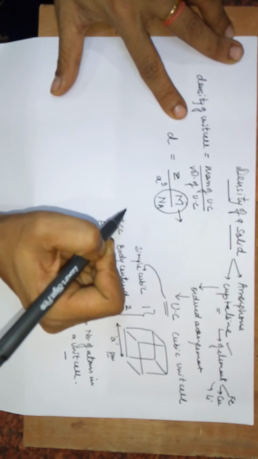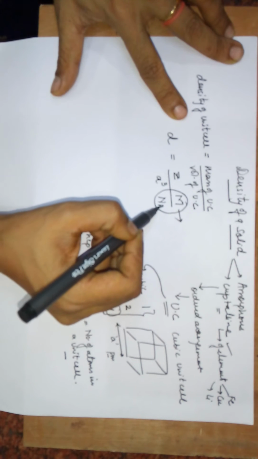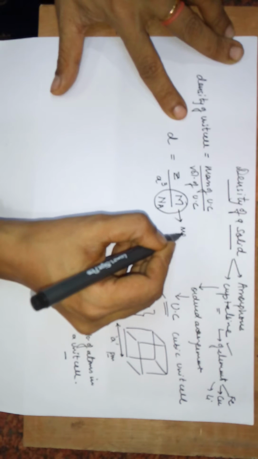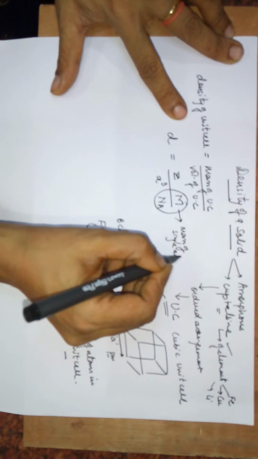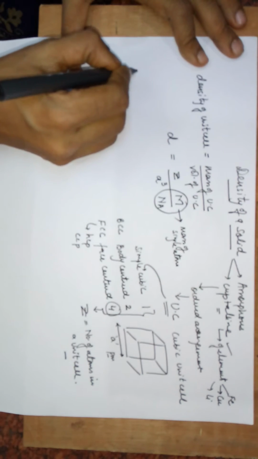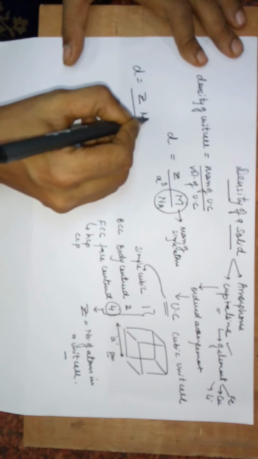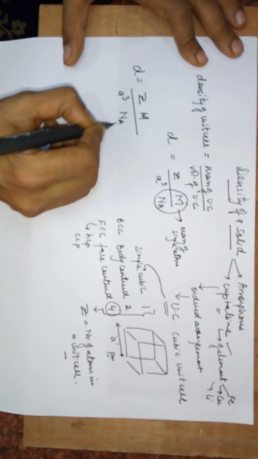So this part, capital M divided by Na, where capital M is the atomic mass and Na is the Avogadro's number, gives you the mass of a single atom. Furthermore, your formula becomes D is equal to Z times atomic mass divided by A cube, the edge length cubed, times Avogadro's number.